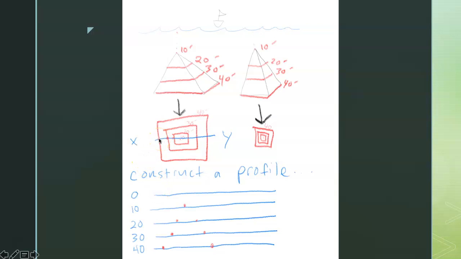Here it crosses the 40-foot contour, then the 30-foot, then the 20-foot, then the 10, and so on. And if I bring those dots straight down onto this little graph provided here, I get this shape. We can do it for the other one too. Don't forget to connect the dots. Now we have two accurate sideways representations of the sea floor.